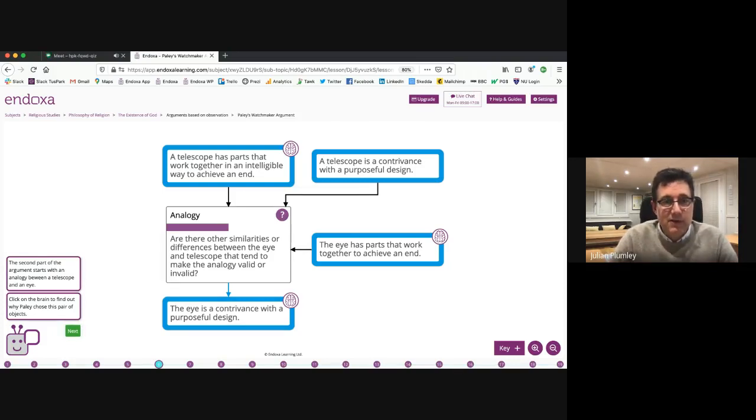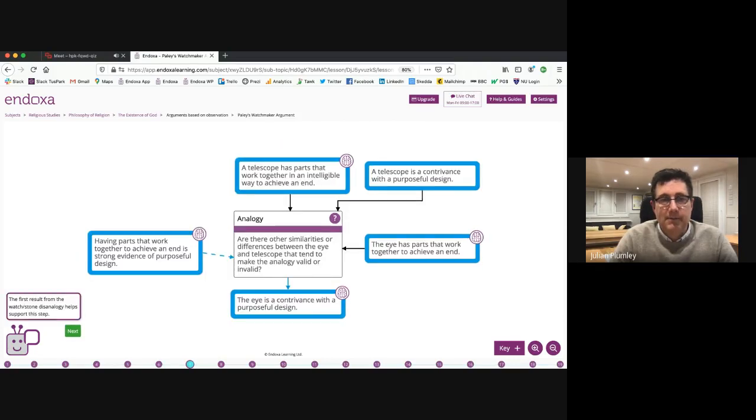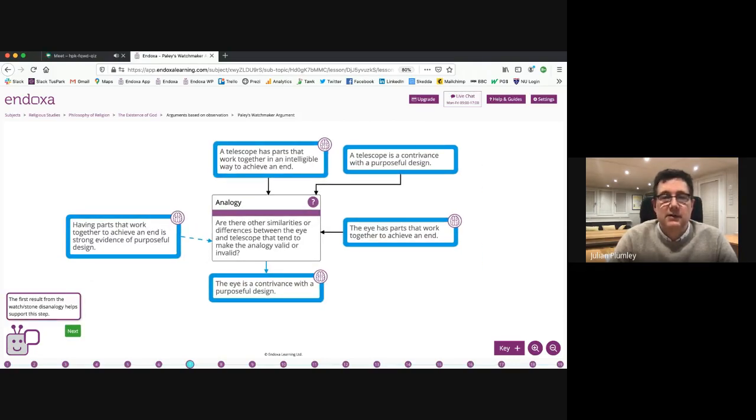Right, so we'll go on from this, and we'll see how this statement we got before from the watch and the stone argument is supporting evidence. This strengthens this argument.